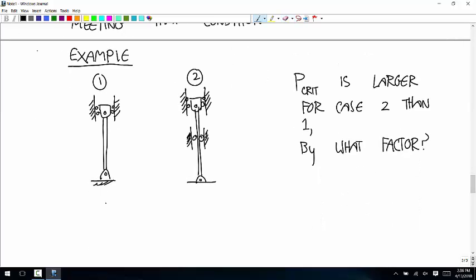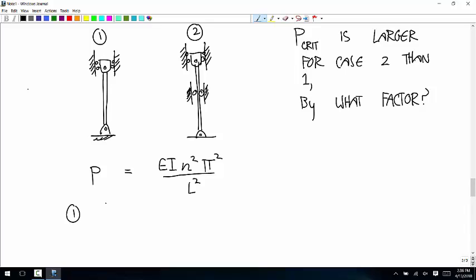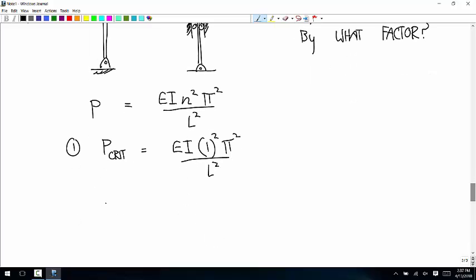And so the solution is, P is equal to overall solution EI times n squared pi squared over L squared. For case 1, P critical is EI times 1 squared times pi squared over L squared.